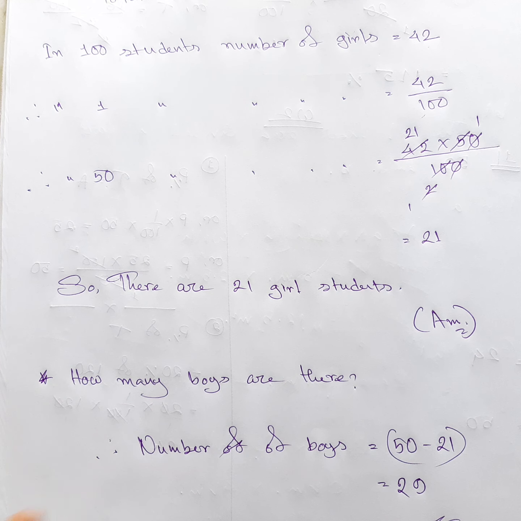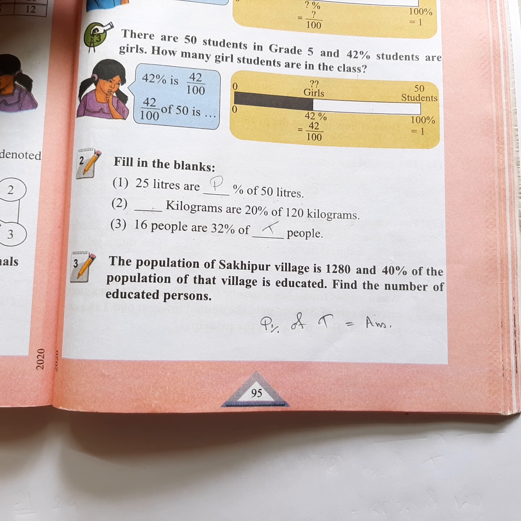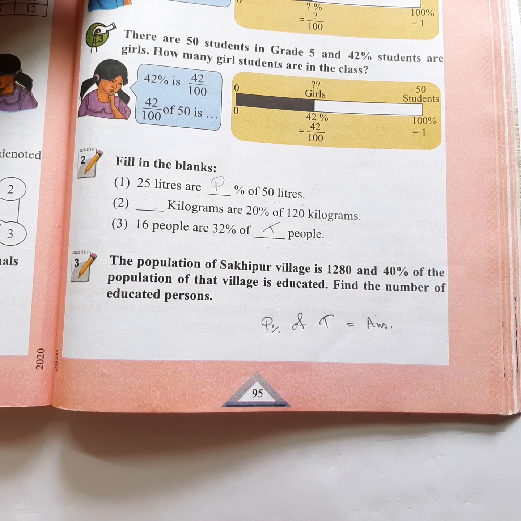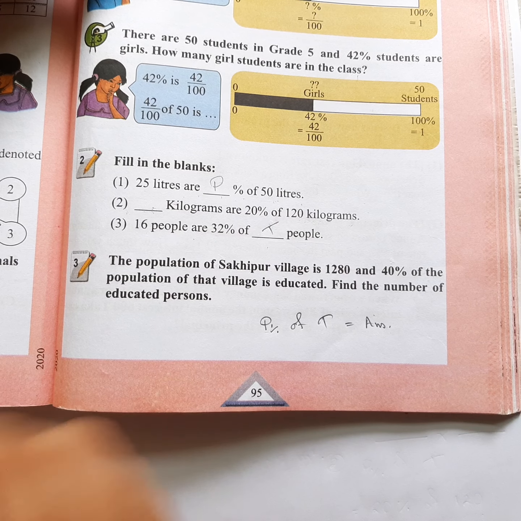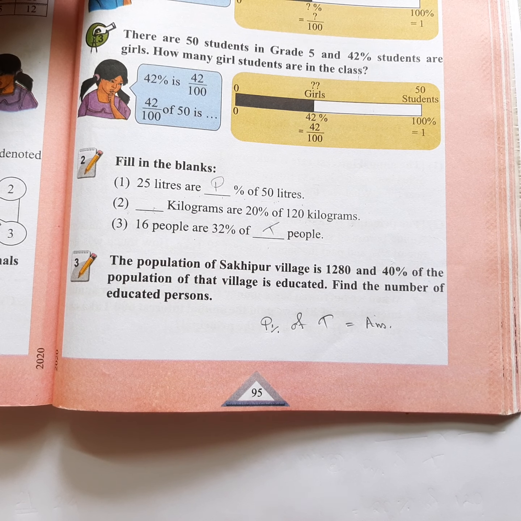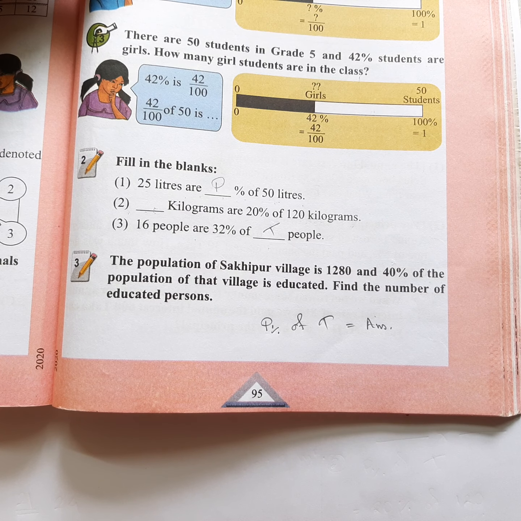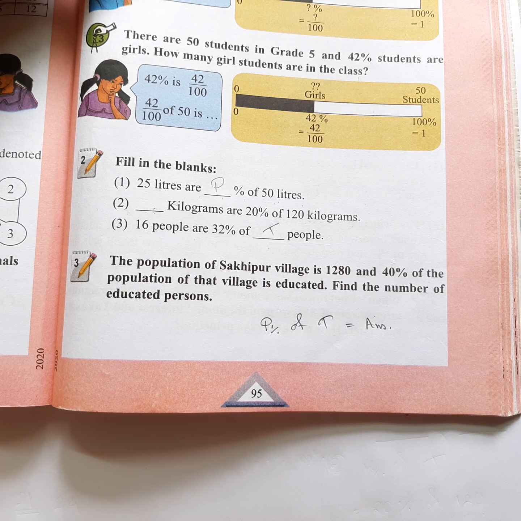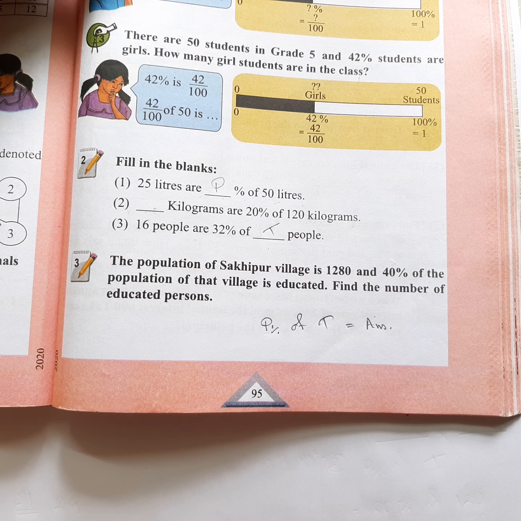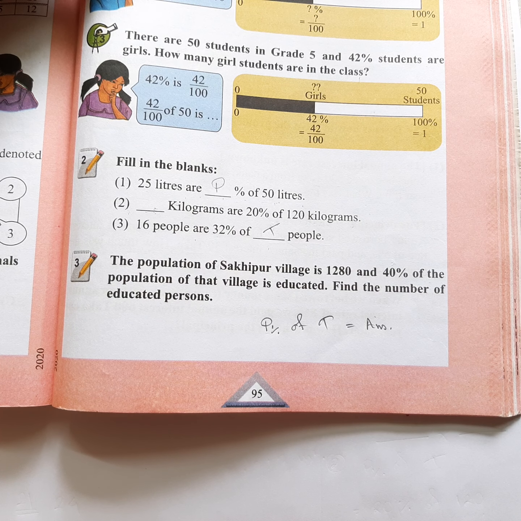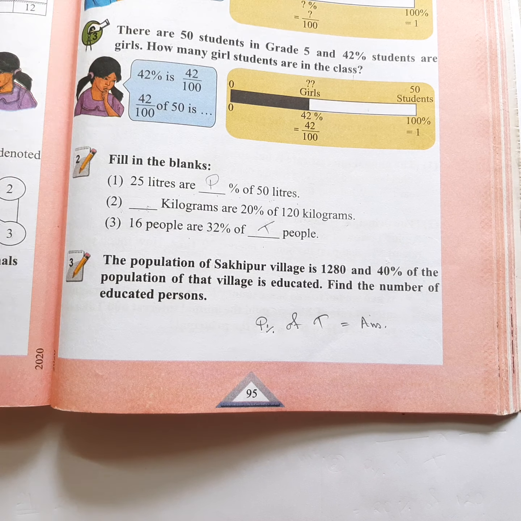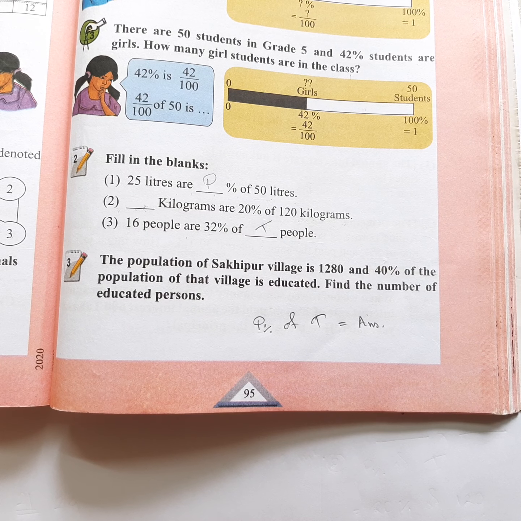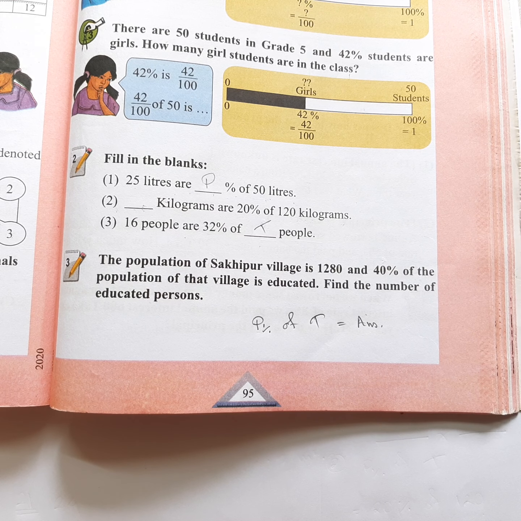They are pretty easy. Okay, there's another math we want to talk about: the population of Shakipur. The population of Shakipur is 1280, and 40% of the population of that village is educated, and the rest of them are uneducated. Find out the number of educated persons.